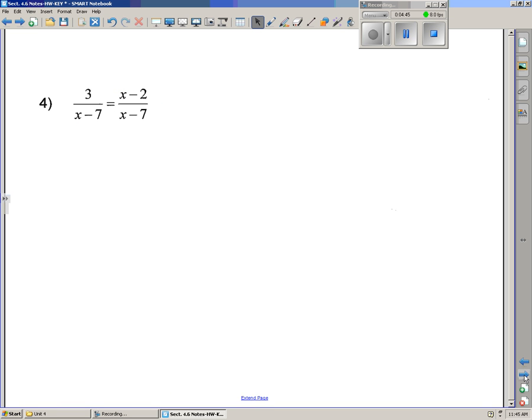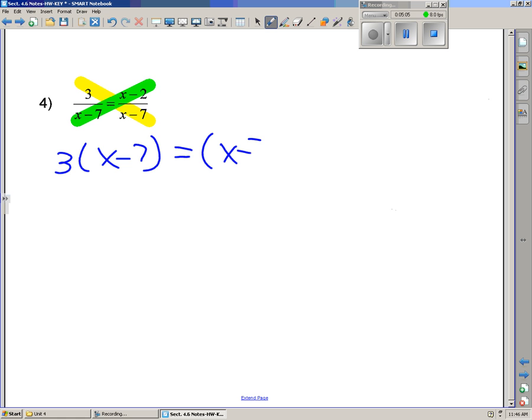This one's going to be a little bit more complicated. When you cross multiply yellow, you're going to get 3 times the binomial x minus 7 equal to, when you cross multiply green, you actually have two binomials. Remember, binomials should always be put into parentheses.